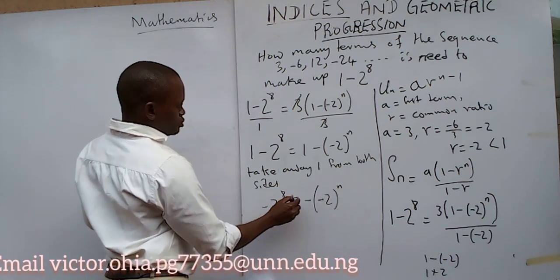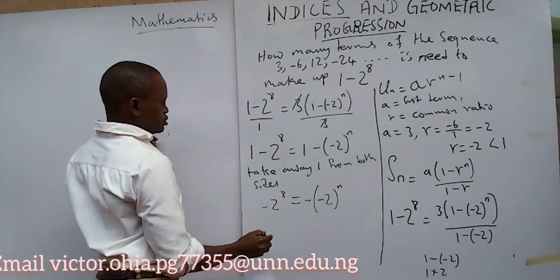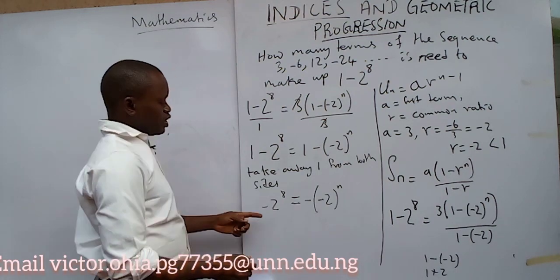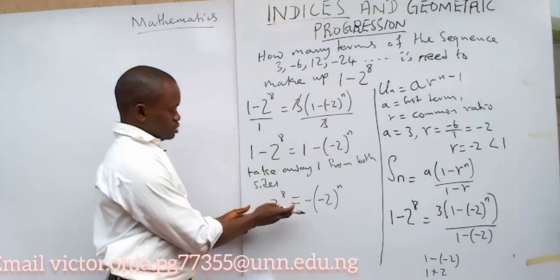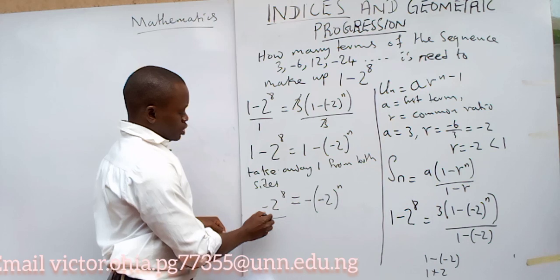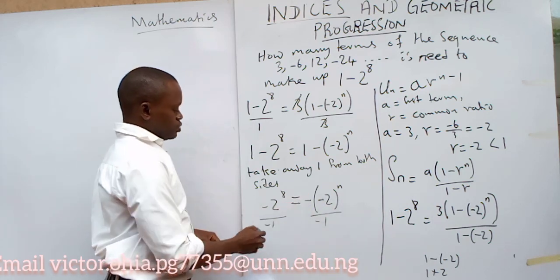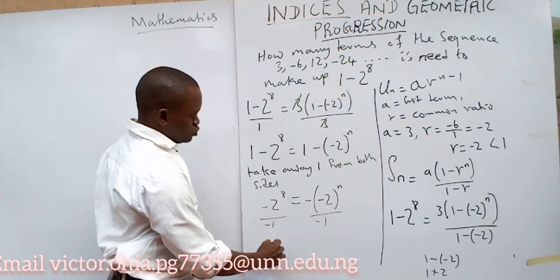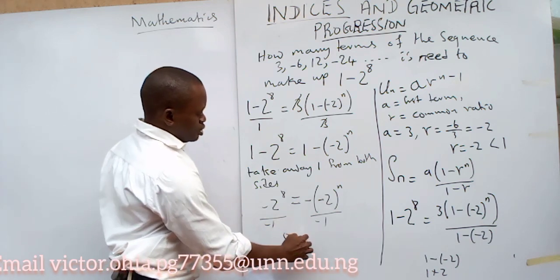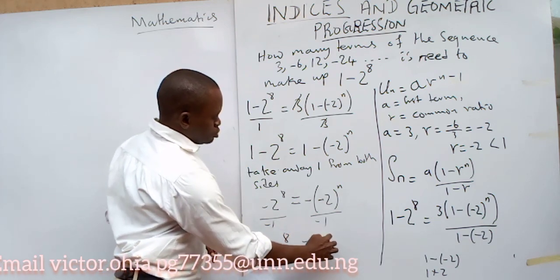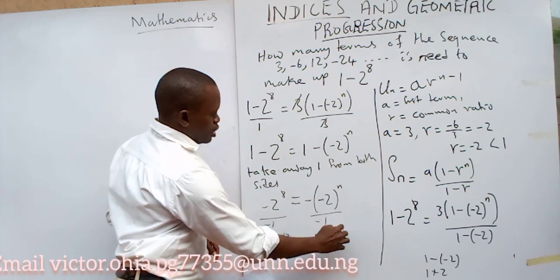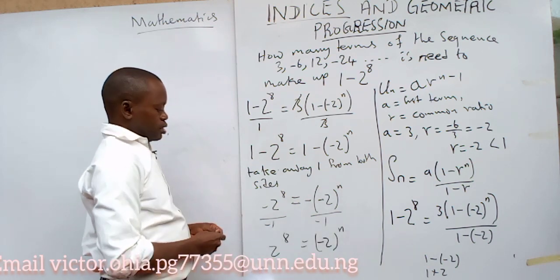If I divide both sides by minus 1 so that this negativity can go, I take away this and this, and I will have 2 raised to power 8 left equals minus 2 raised to power n.